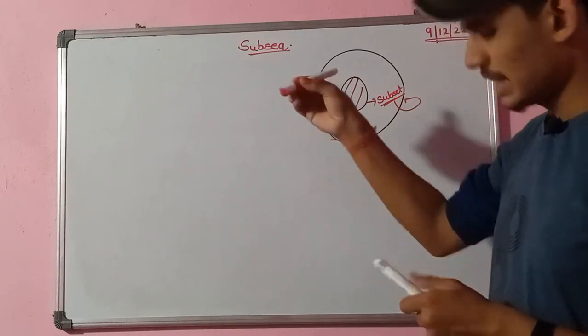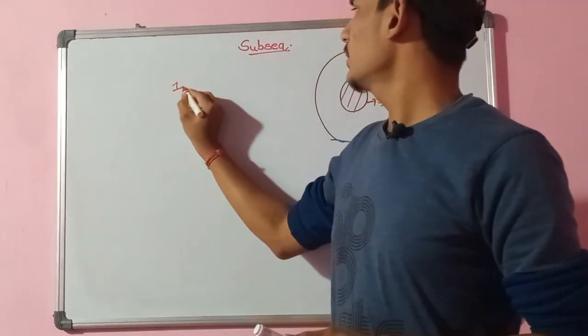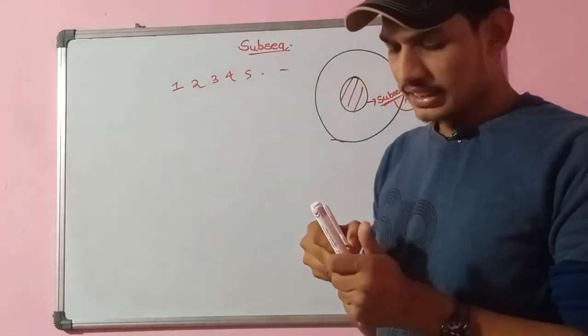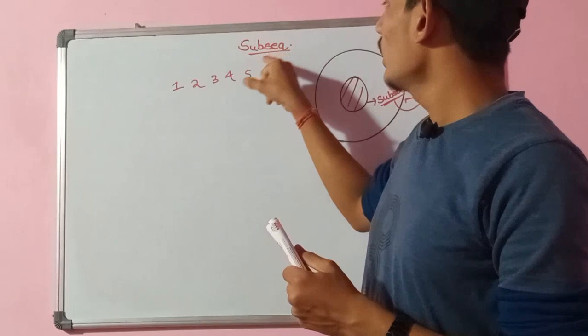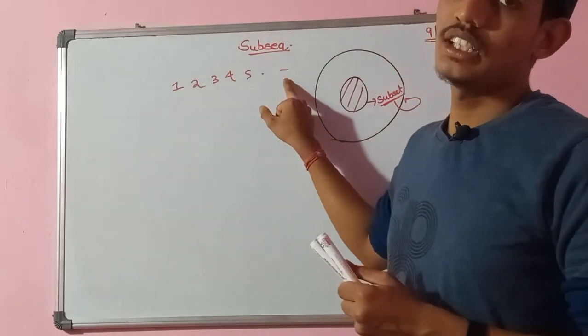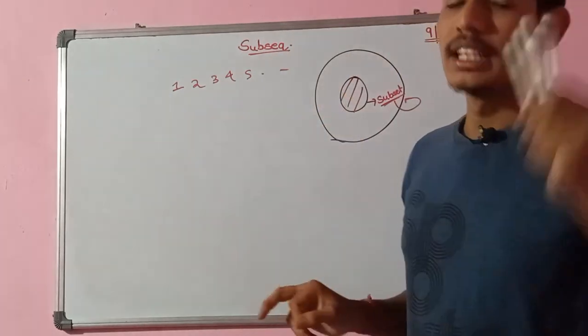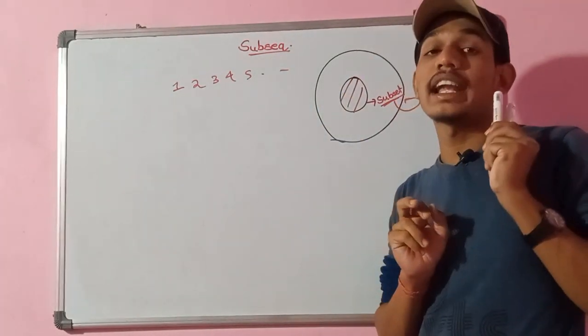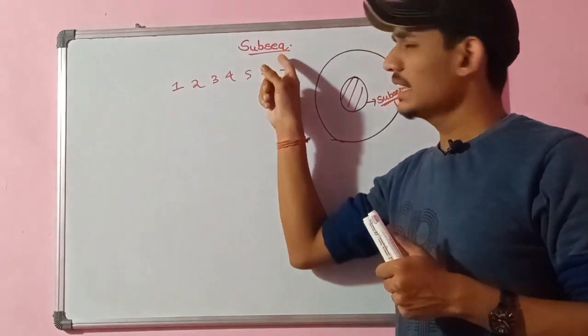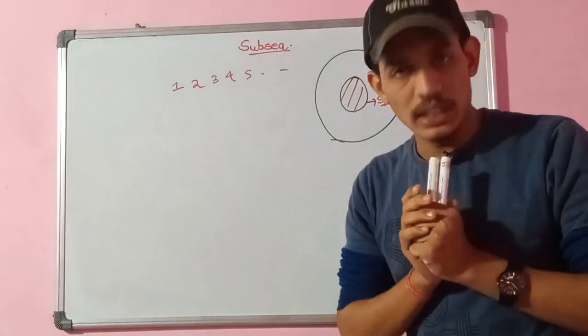In the same fashion, if there is a sequence like 1, 2, 3, 4, 5, what is a subsequence? If all the terms of this subsequence are present in this big sequence, then I will call it a subsequence. But there is also another condition. Here in a sequence, the order is important.